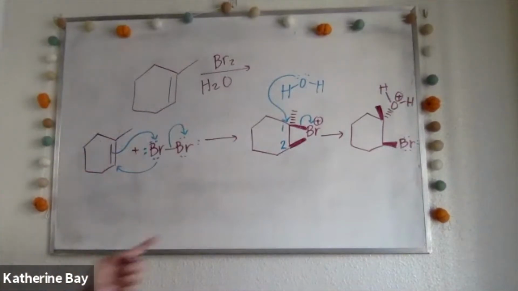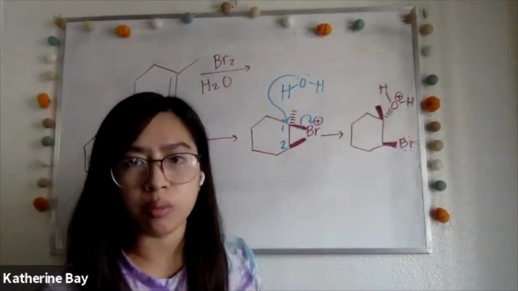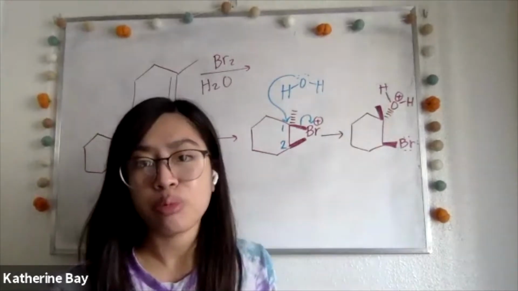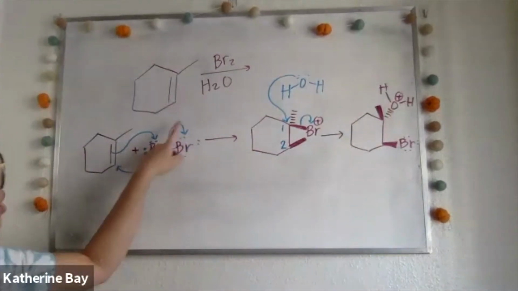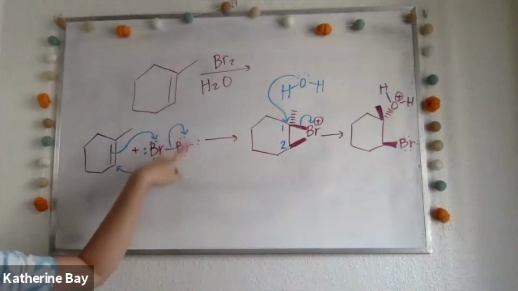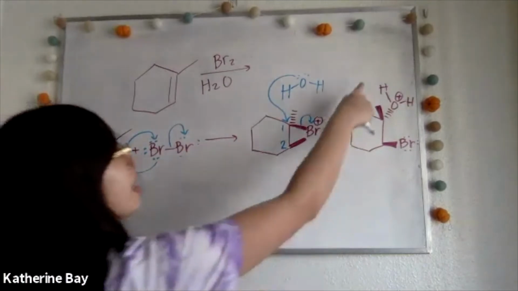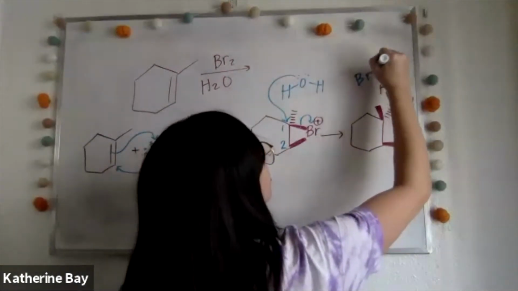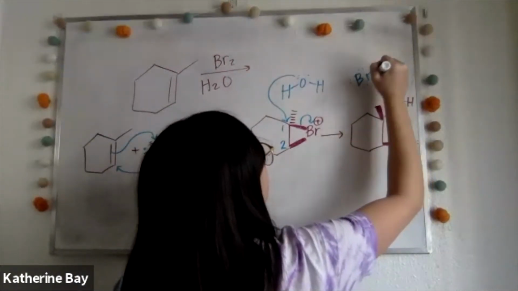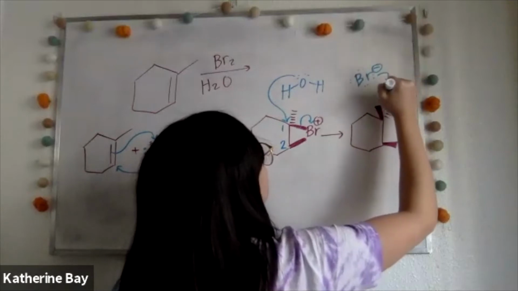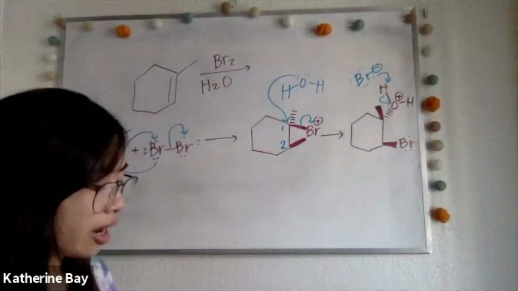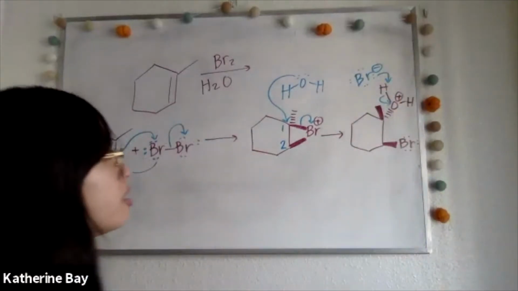And now, because we have this whole water molecule that attached, we want to make our product overall neutral. So this leftover Br minus from Br2 that's just floating around is going to come back and deprotonate the extra hydrogen from water to form a new lone pair on oxygen, and from here we'll get our final product.